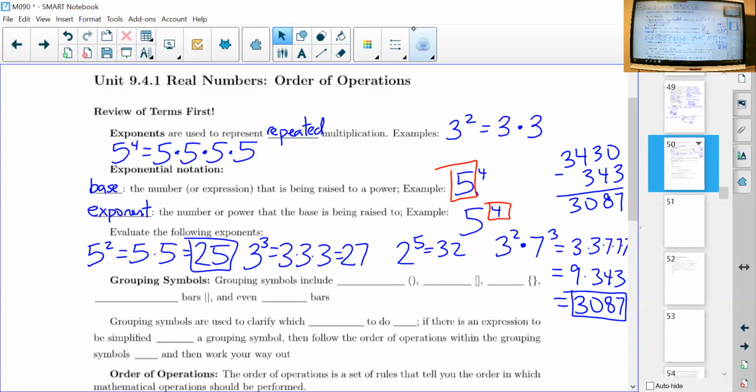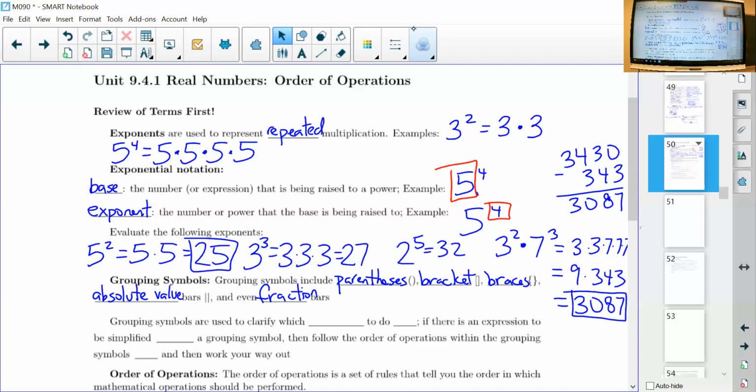Grouping symbols. We have parentheses. We have brackets. Sometimes I call them square brackets. We have braces. Sometimes I call them curly braces. We have absolute value bars. And even fraction bars. Those are grouping symbols.